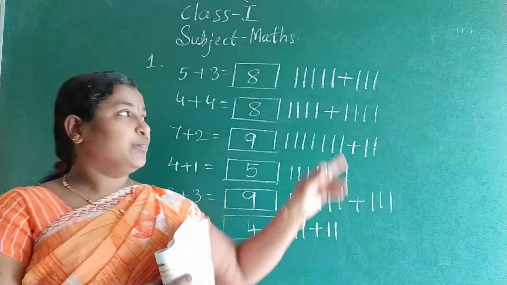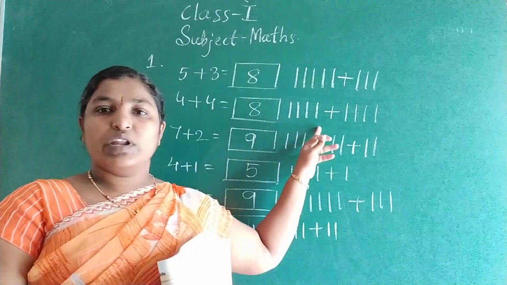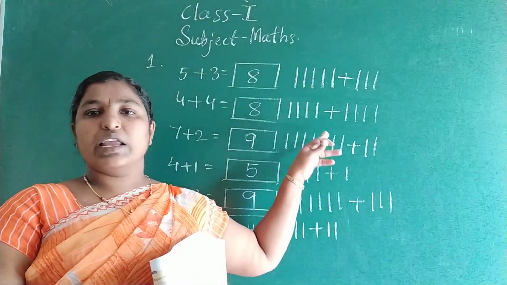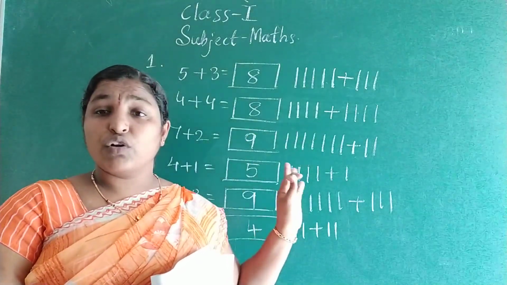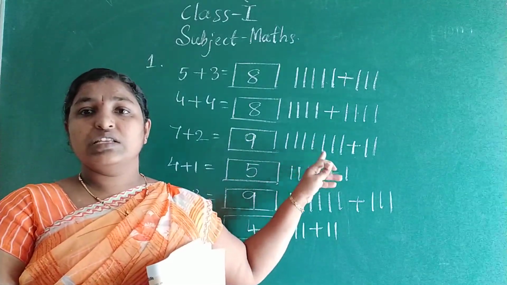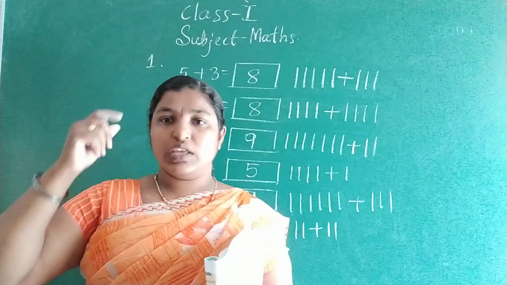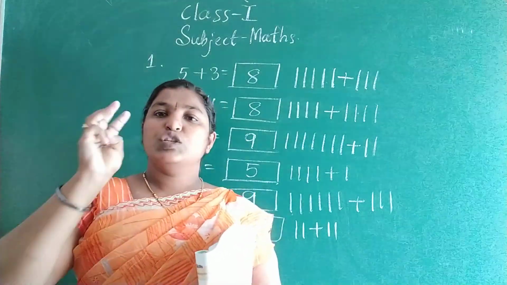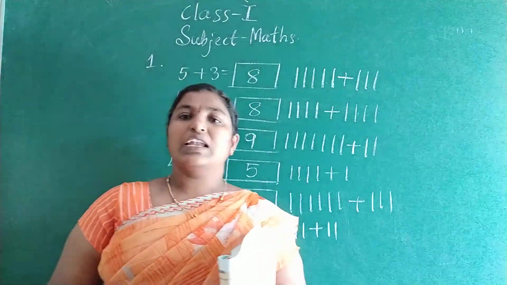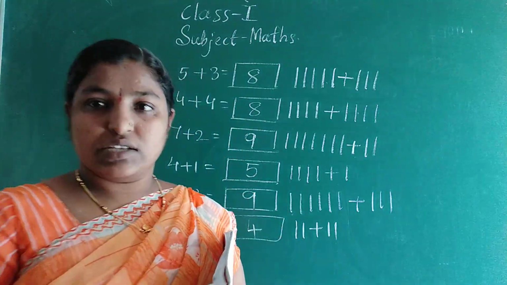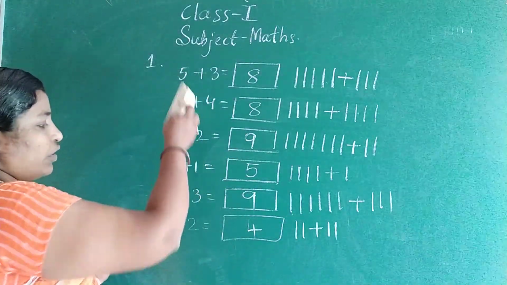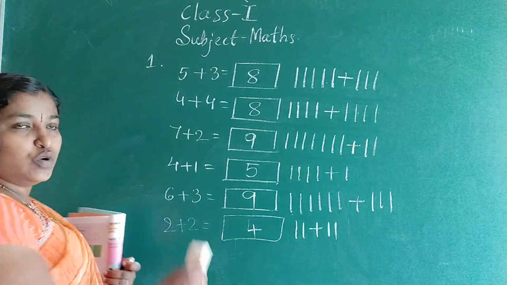This takes time, putting a line, keeping plus, again a line, and then you should count. If you forget to write the correct lines, then your answer will be wrong. So the easy method is to keep the big number in mind and the small number in your hand. That gives exact answers. Okay, let's write these answers in your textbook.